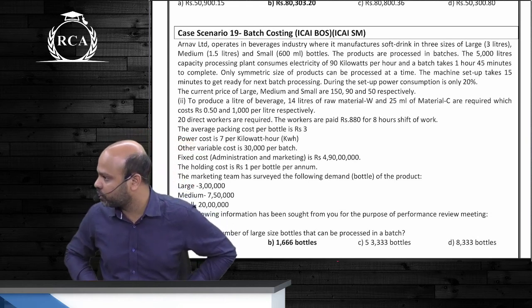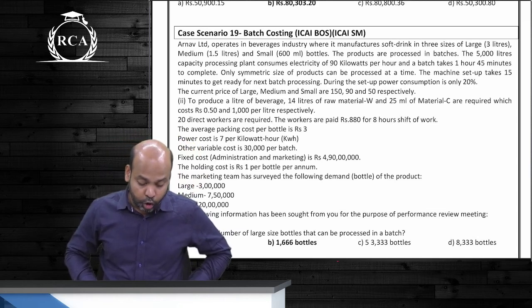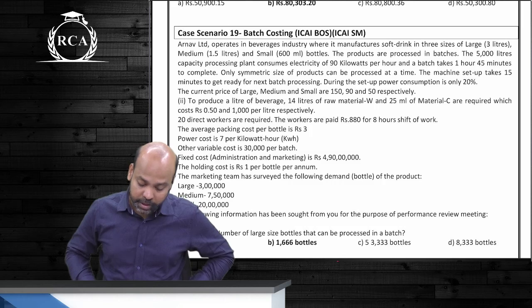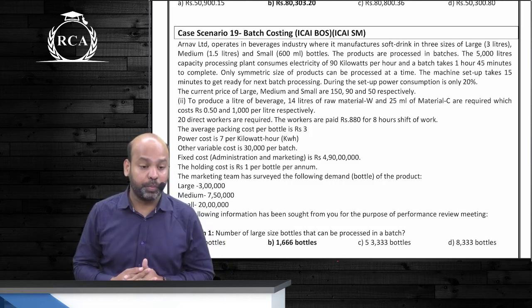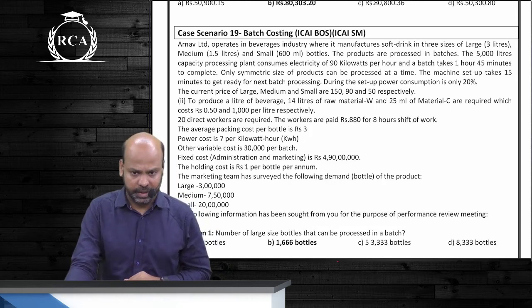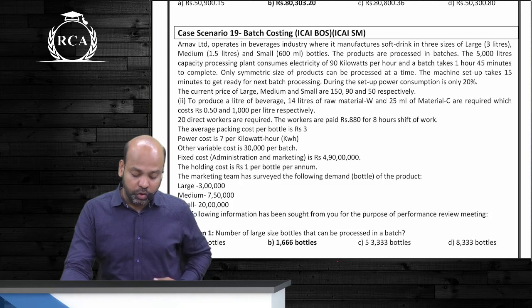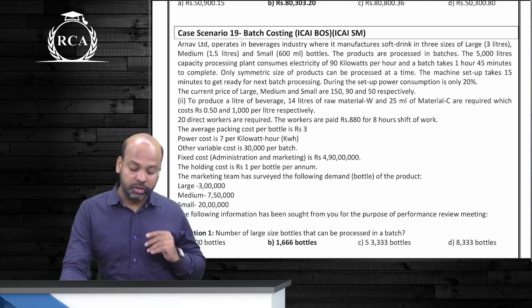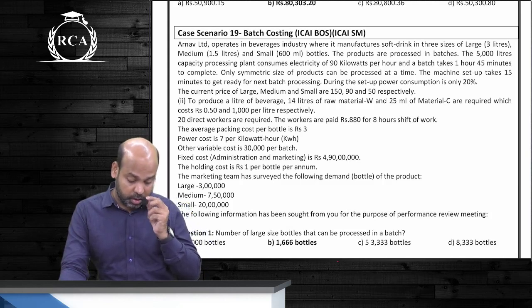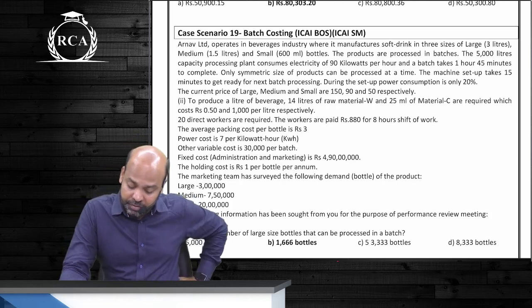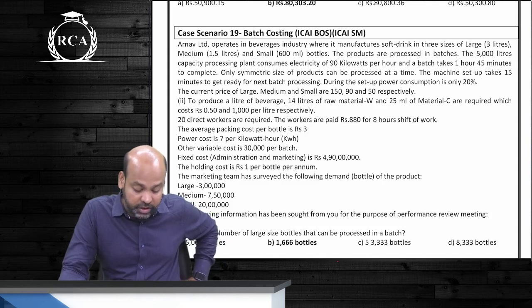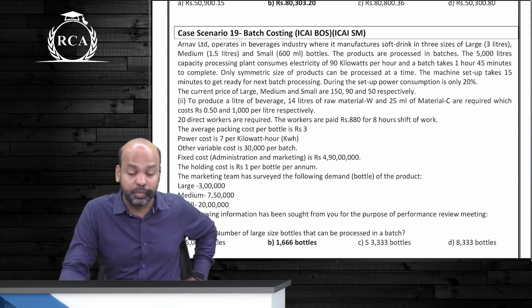Any doubt in this? The current price of large, medium and small is 150 rupees, 90 rupees and 50 rupees respectively. To produce a liter of beverage, 14 liters of raw material W and 25 ml of material C are required, which cost 0.5 and 1000 rupees per liter respectively.